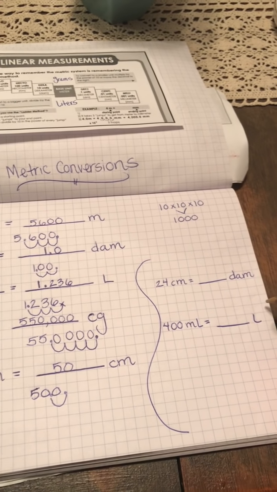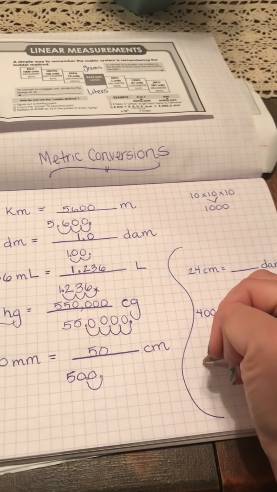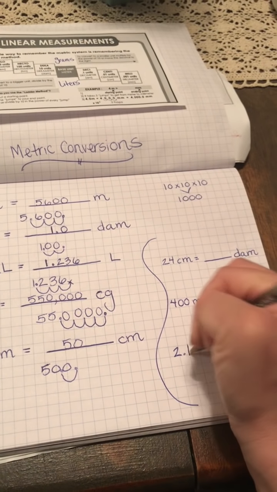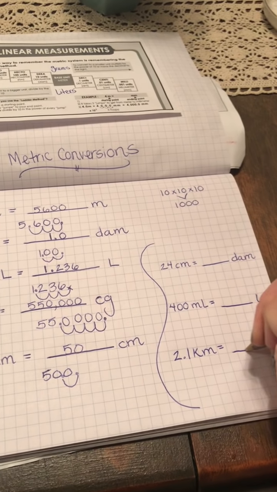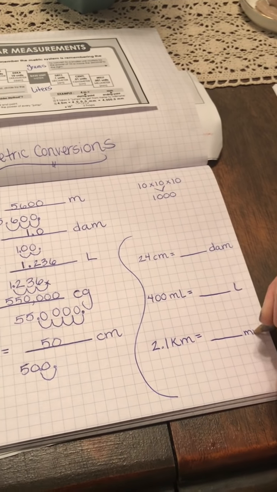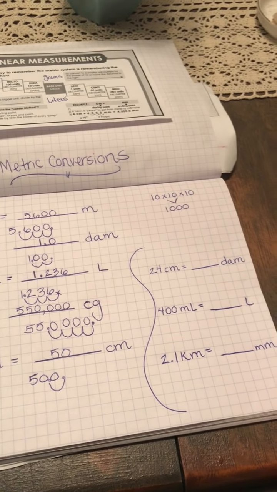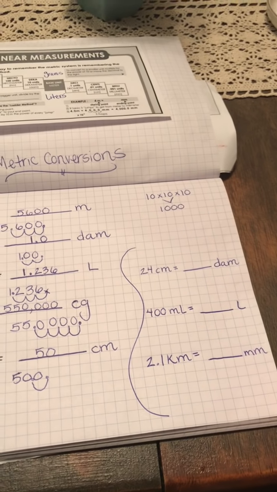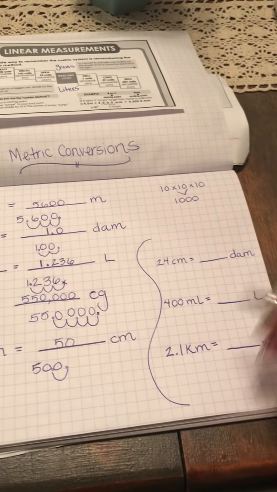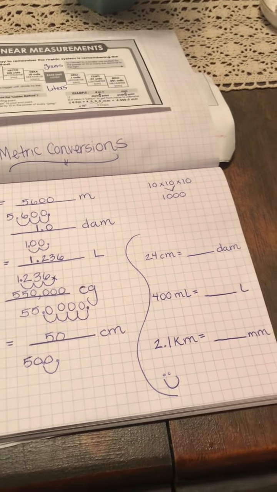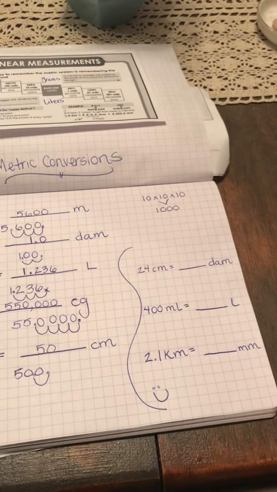And last but not least, let's do 2.1 kilometers and change it to millimeters. When you're done, show your work to a friend, and then have Mr. A give you a smiley face down below, okay?